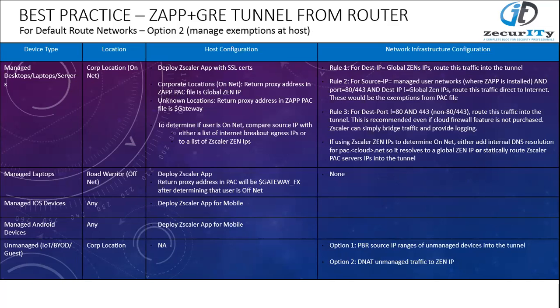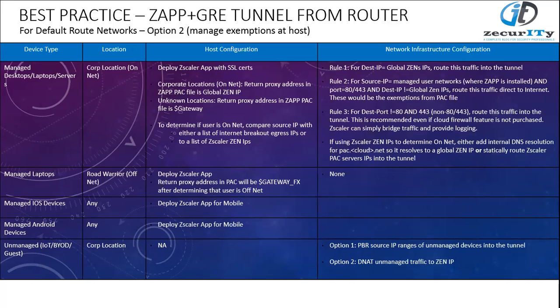In the PAC file configuration, you need to have a default return statement which will send the traffic towards the gateway underscore fx. On top of that default return statement, there will be a statement with source IPs of all internet breakouts of the corporate, otherwise all Zen node IPs.